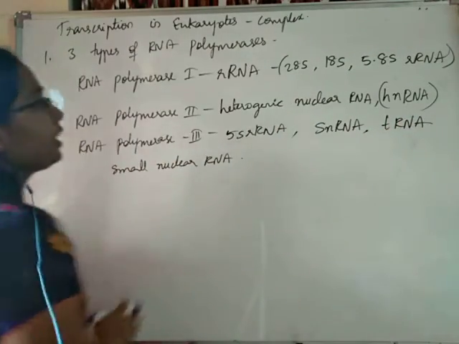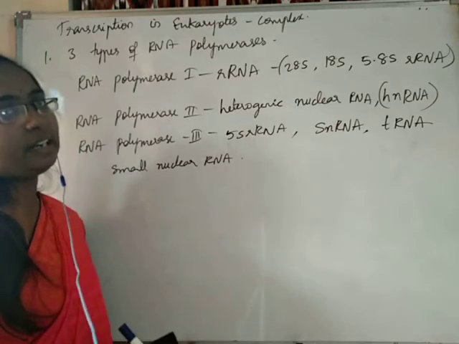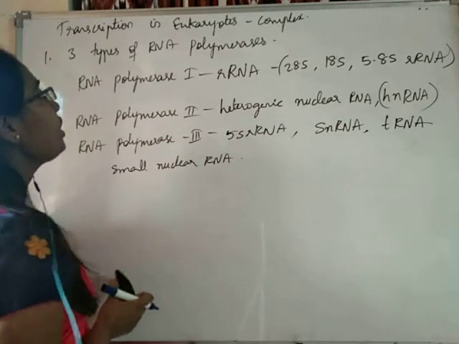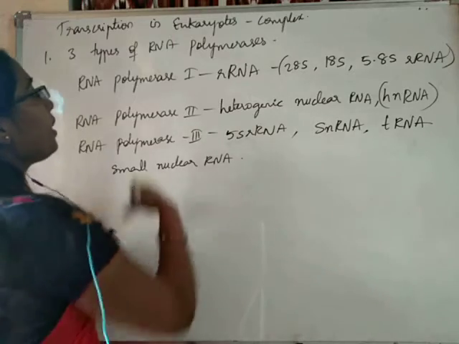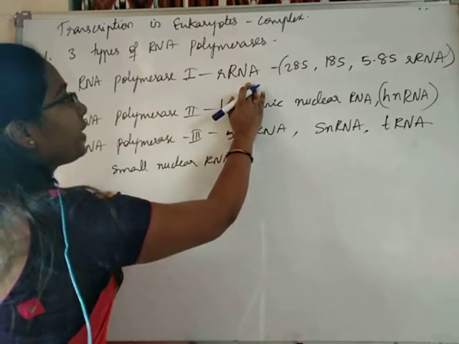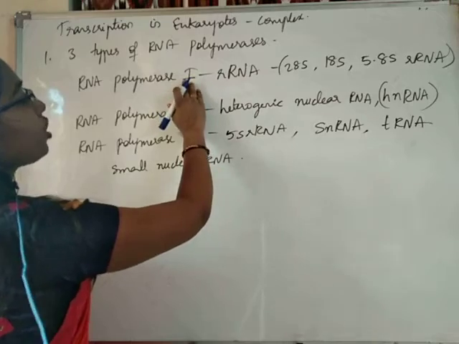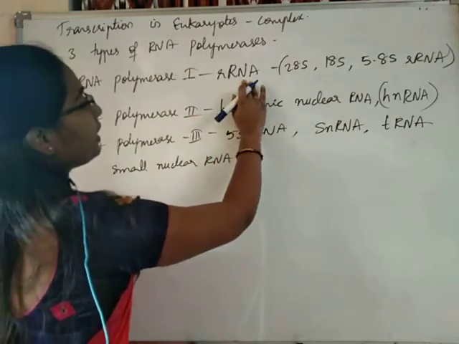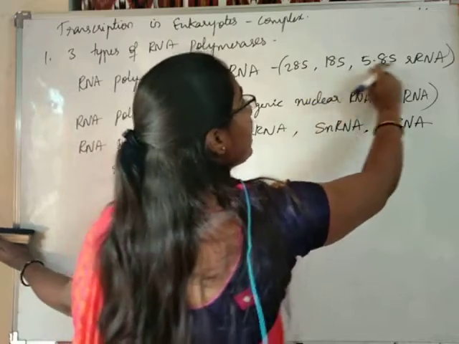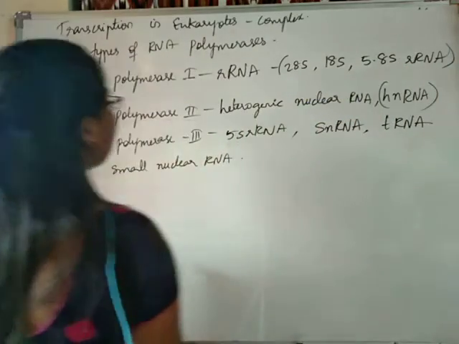In this way, students, all the 3 different types of RNA are produced from these 3 types of RNA polymerases. RNA polymerase 1 catalyzes the formation of rRNA, that is 28S rRNA, 18S rRNA, and 5.8S rRNA.